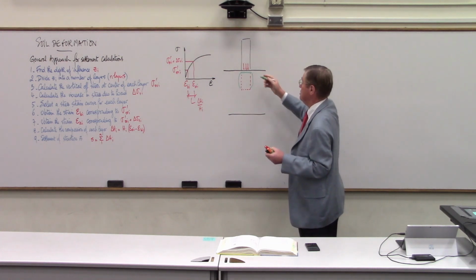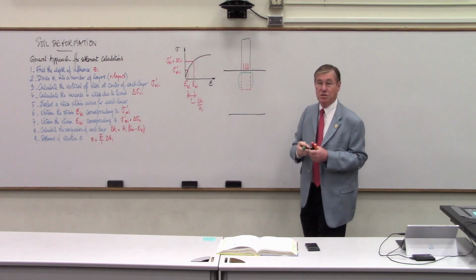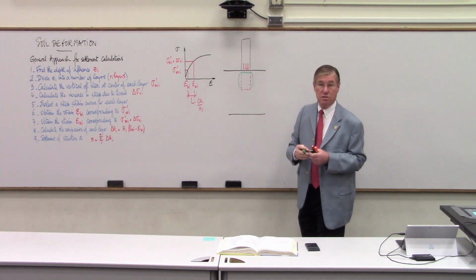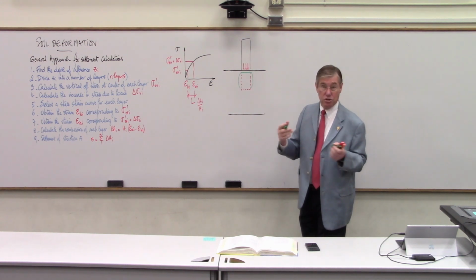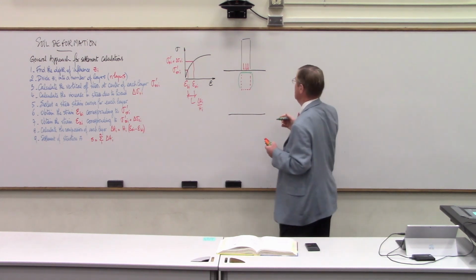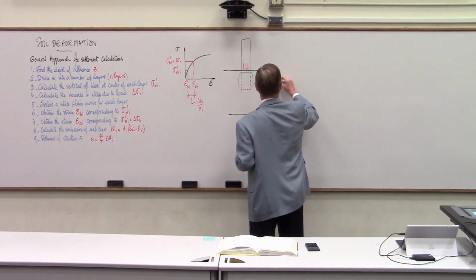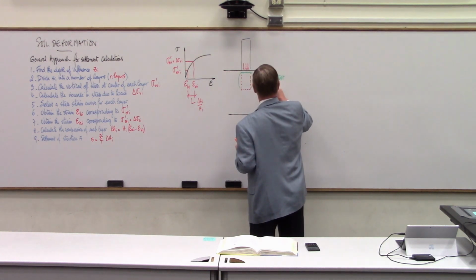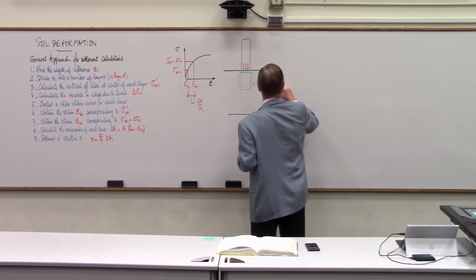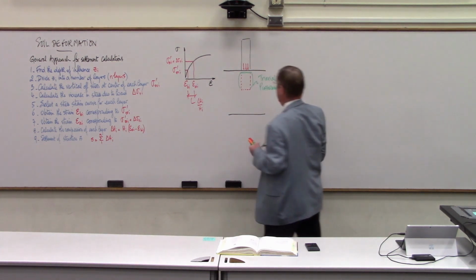In this case, that green representation looks like a triaxial test. It looks like a pressure meter test as well, in terms of deformation. So I would say in this case, it makes sense to select the triaxial test or the pressure meter test because of the close analogy of deformation.